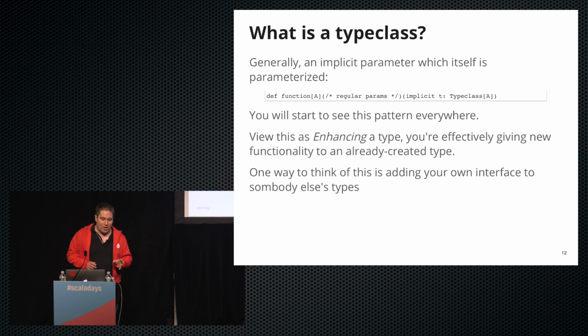The way to think about this often is you can view it as enhancing types: we're effectively adding our own interface onto someone else's types. When the integer class was written, the Ord class may not have been written at the same time. They are completely separate.